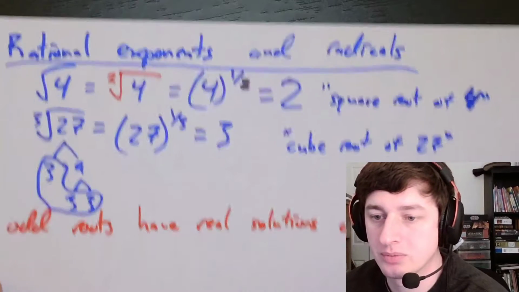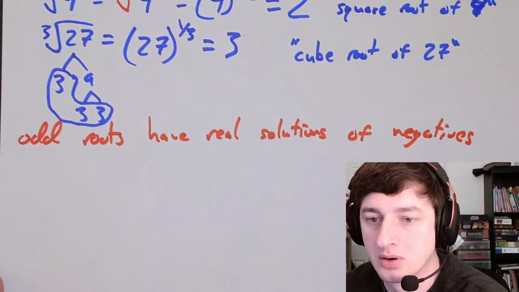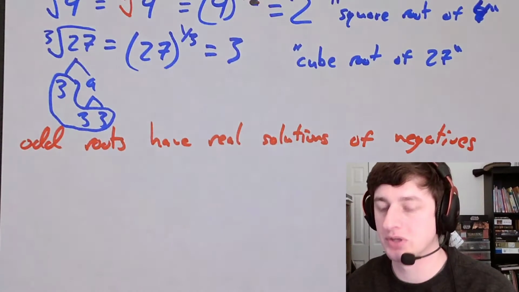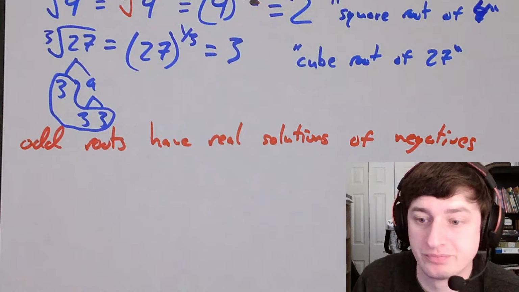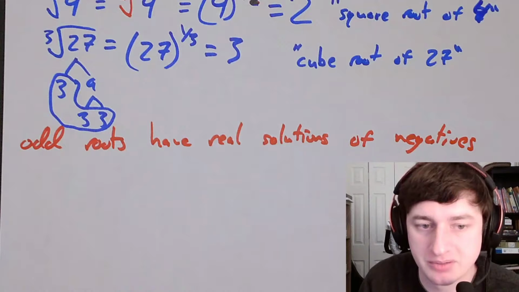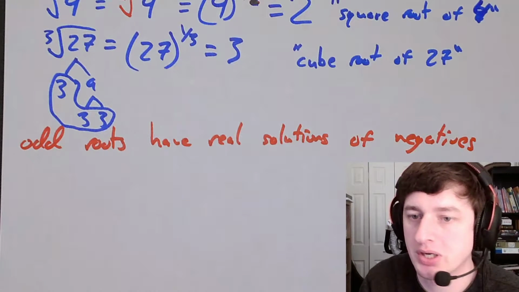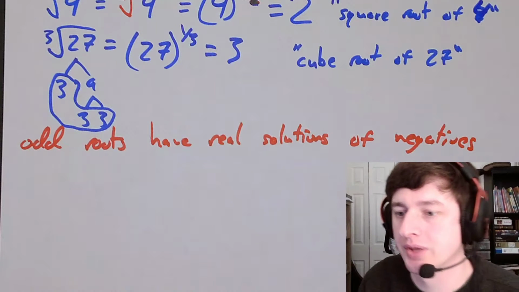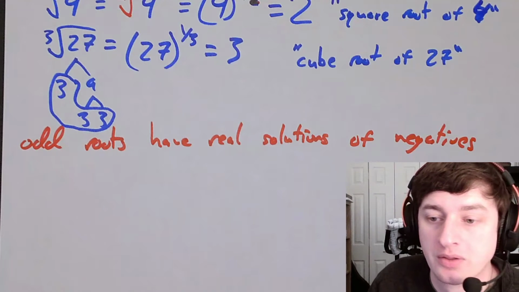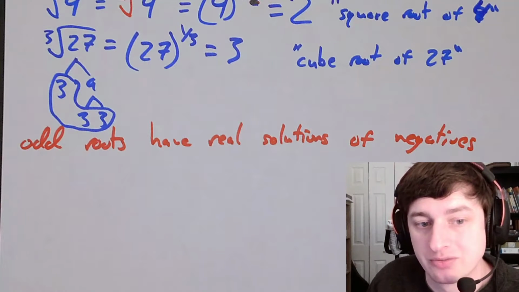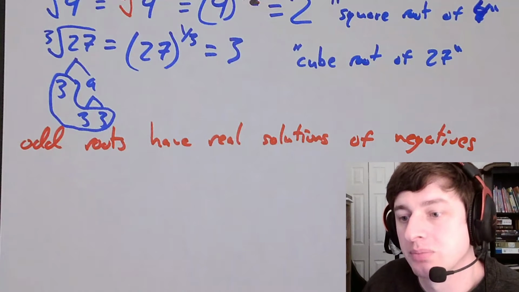And I know I need to move it up. Odd roots have real solutions of negatives. So before, if we had the square root of a negative number, it would become imaginary. There's not a real number in the real numbers, like positives and negatives, that can multiply by itself to make a negative, because if you multiply negative times a negative, you get a positive.